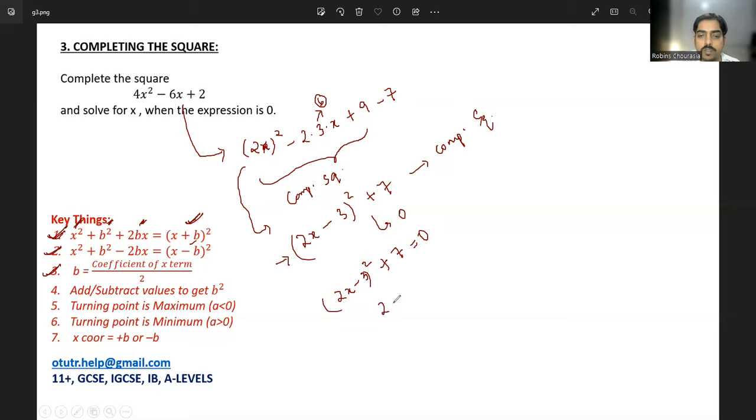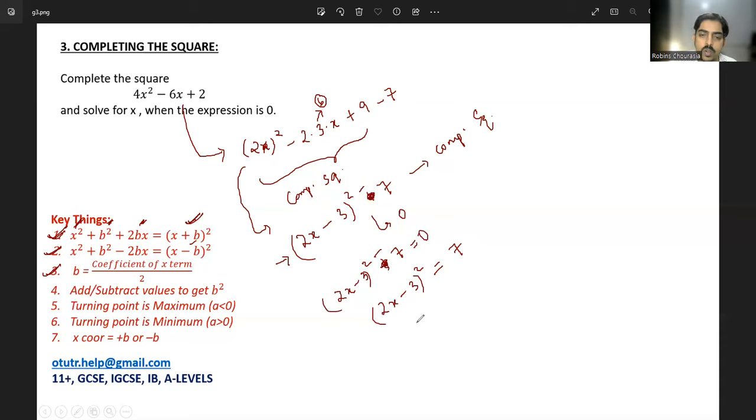So what we can do is the first step is 2x minus 3 whole square is equal to, sorry, it's not plus 7, it's minus 7. Oh my God, sorry. It's minus 7, right? So that is equal to 7. And then now you can take the square root on both sides.